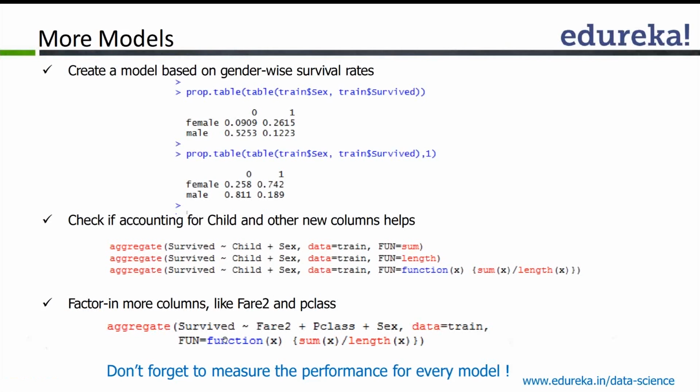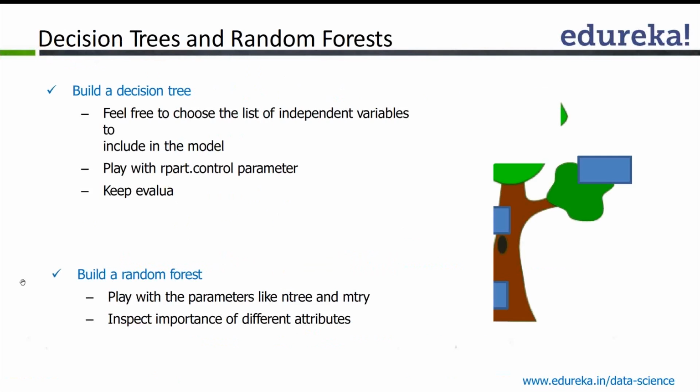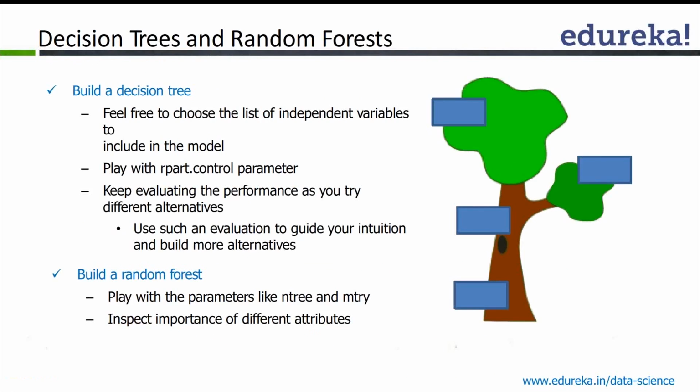Those are simplistic classification models, and you can evaluate what their performance will be. The more complex things you can do is build the actual models that we learned, like naive Bayes classifier, decision trees, random forests, and so on. The first thing you can do is build a decision tree, and here again you have a choice of which independent variables you would like to consider.